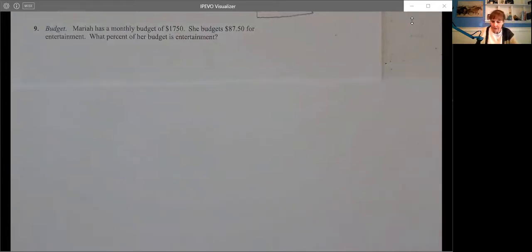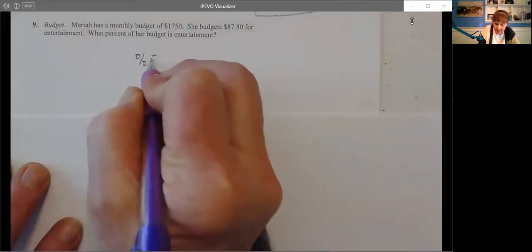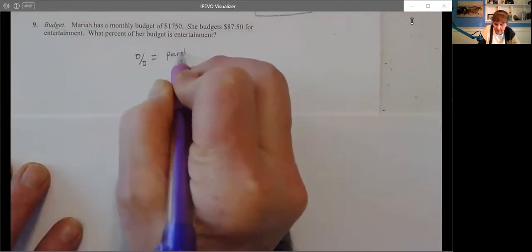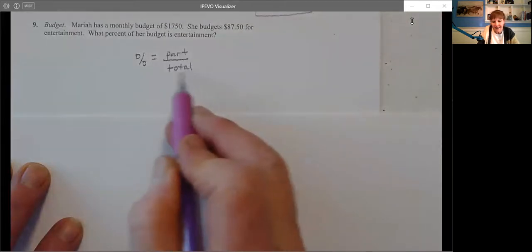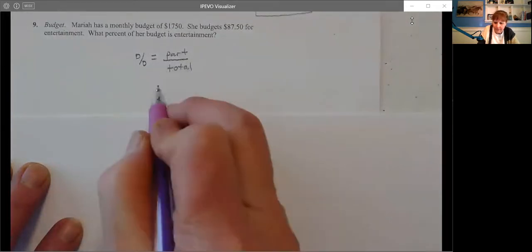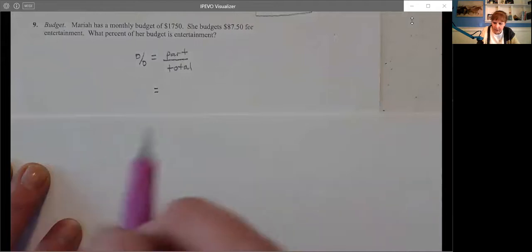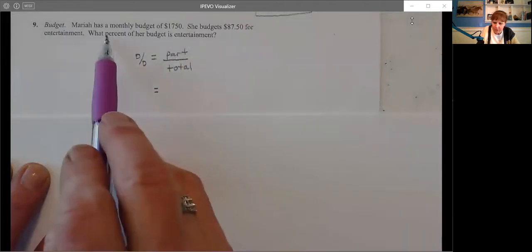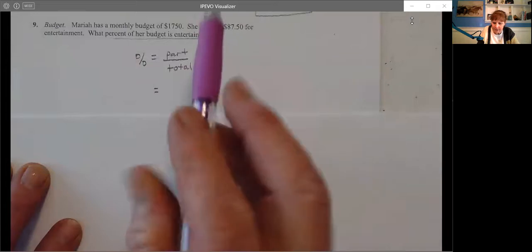So when we want to find the percent, we'll go ahead and do our percent template. This total term can kind of change a little bit depending on the problem. It could be like the original sale price instead, but we'll deal with that in the next section. But they want to know the percent of her budget that is entertainment.